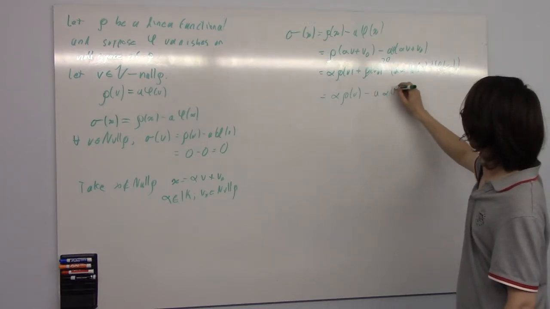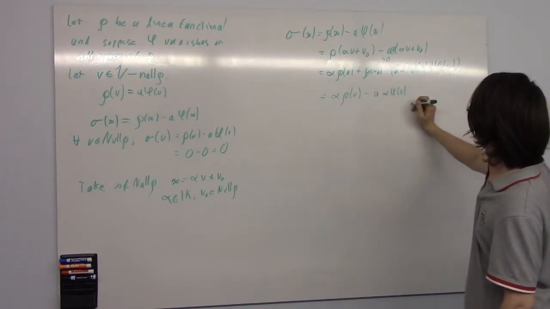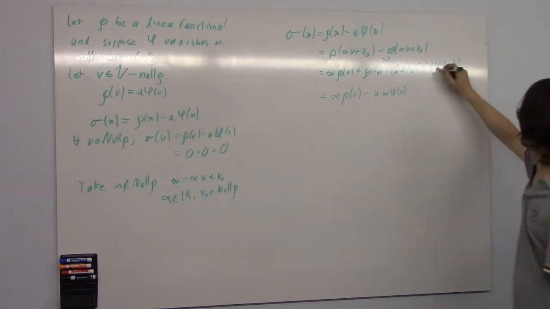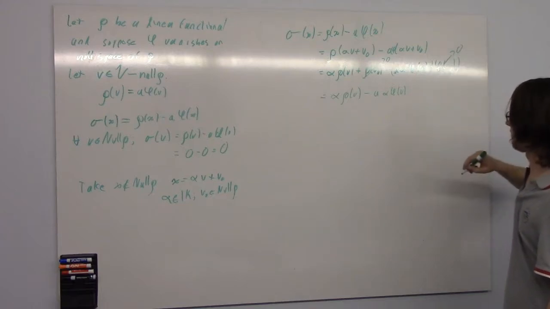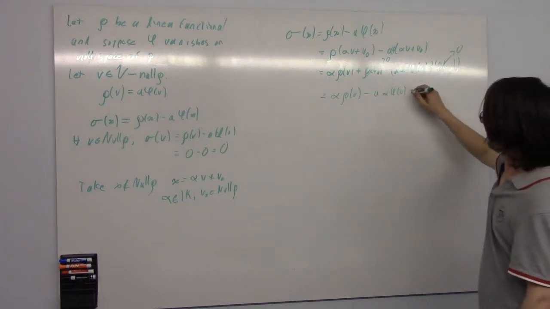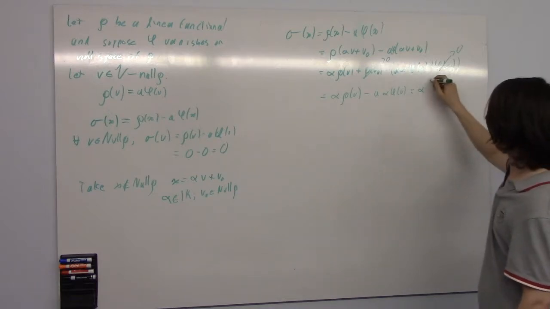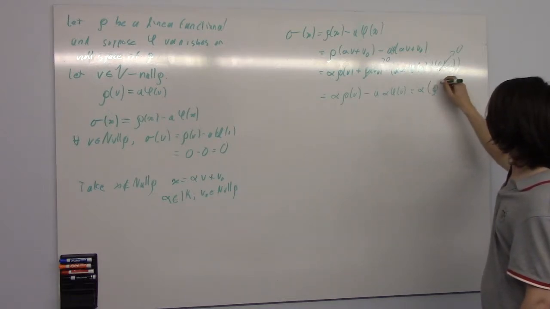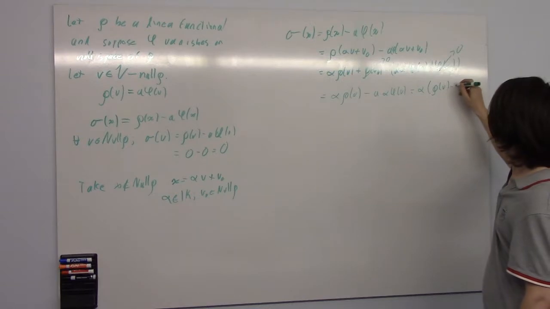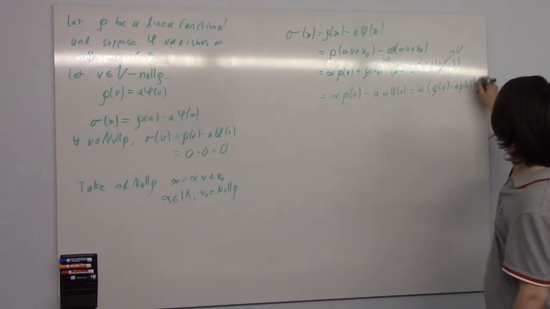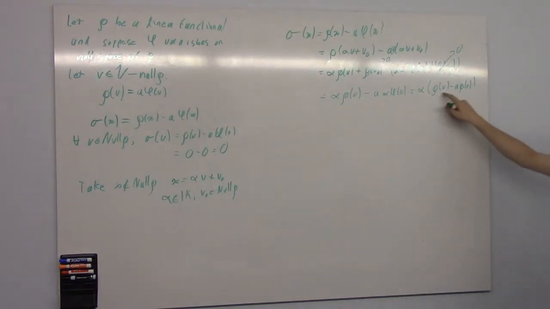So this is 0. This equals alpha, now I'm going to pull alpha out. We're working in a nice ring. Rho v minus a phi v.